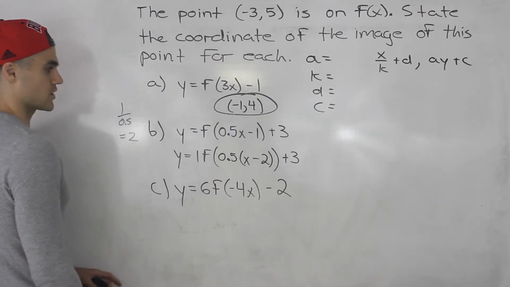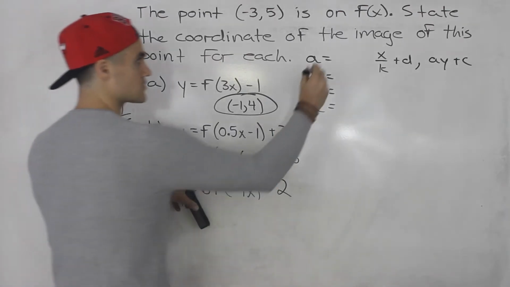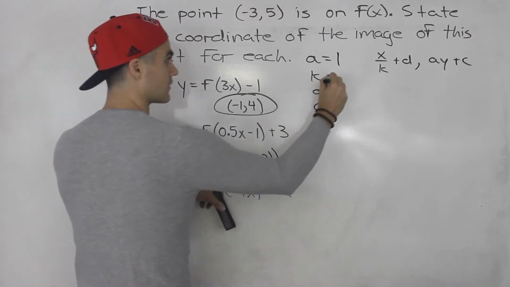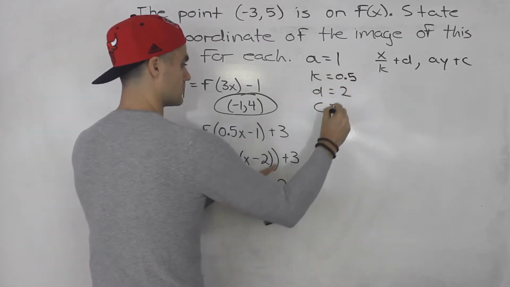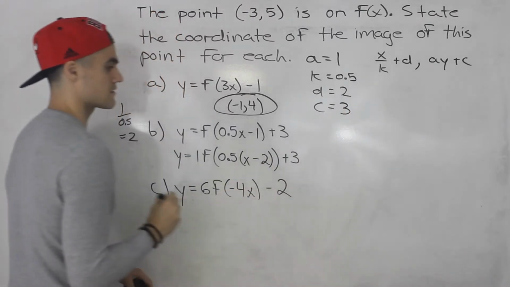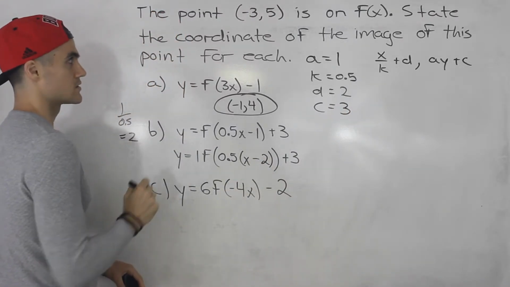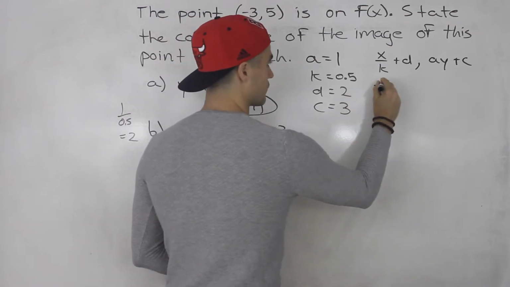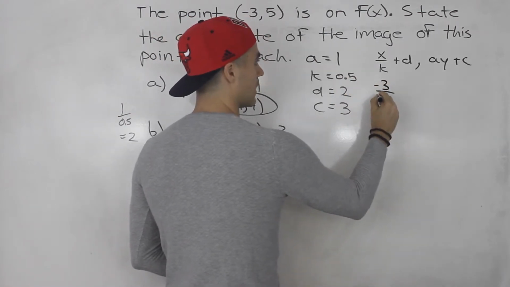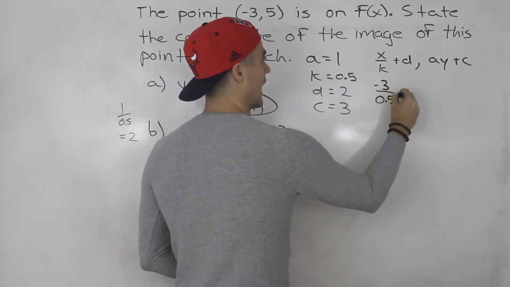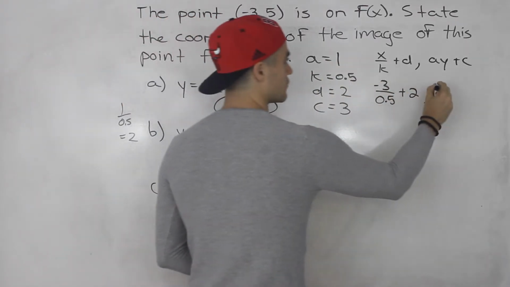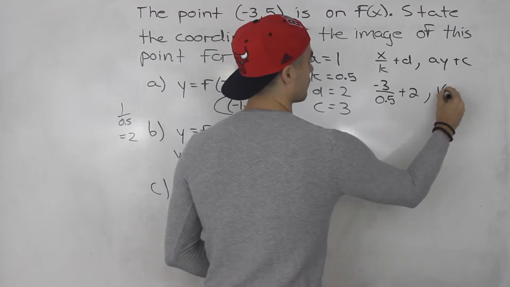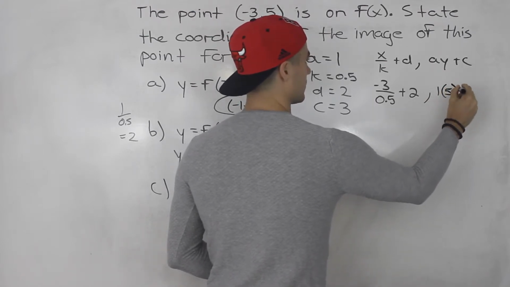Right, so the transformation values in this case: the a value is 1, k value is 0.5, the d value is 2, and then the c value is +3. So we're taking the x value of -3, dividing it by 0.5, and then adding 2, the d value. Then we're taking the a value of 1, multiplying it by 5, the y value that we're transforming, then adding 3.